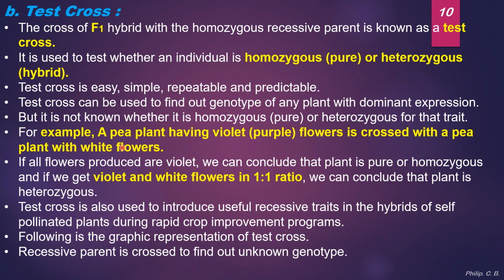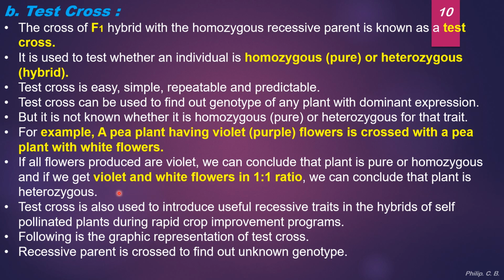trait. For example, a pea plant having violet, that is purple flowers, is crossed with a pea plant with white flowers. If all the flowers are violet, we can conclude that the plant is pure or homozygous, and if we get violet and white flowers in the ratio 1:1, we can conclude that the plant is heterozygous.